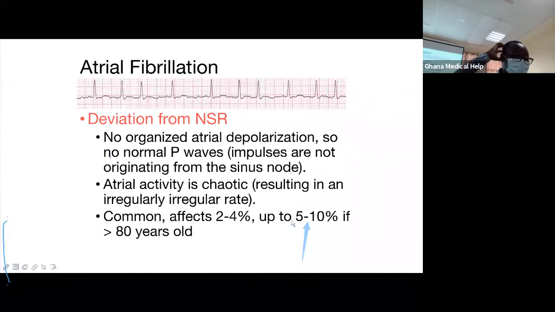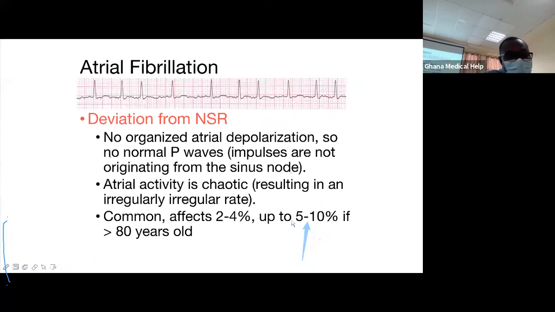So what is an atrial fibrillation? It's just a deviation from the normal sinus rhythm. In that, we don't have any organized atrial depolarization, i.e. the P waves. We said that P waves represent atrial depolarization, so you will not have normal P waves. The atrial activity is usually chaotic, so you have an irregular rate.